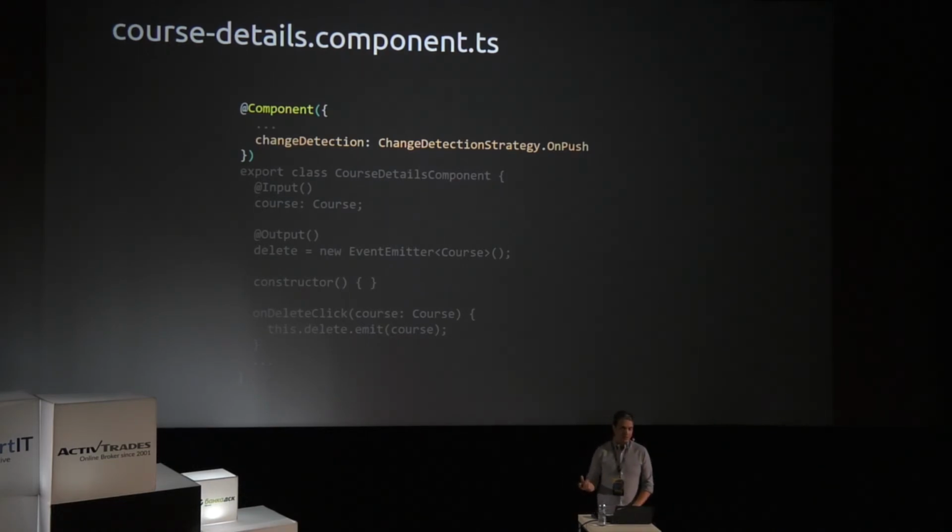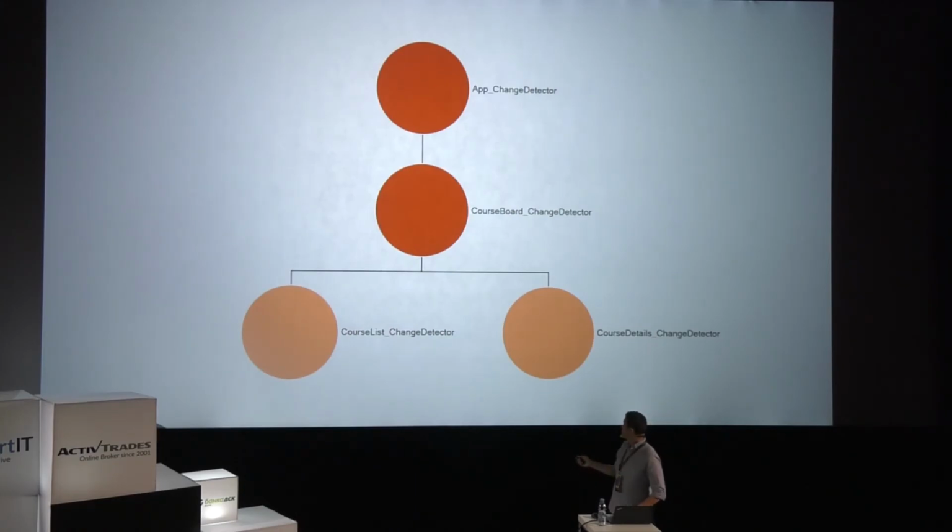That means each time there is an update, we'll get a new reference or a copy of this object. So this time, when, for example, we select a course from the list, nothing will change on the list view because we're updating only the details. That way, Angular will check for changes and re-render the UI only of this node of the tree and not of the whole component tree. So that's quite powerful stuff.